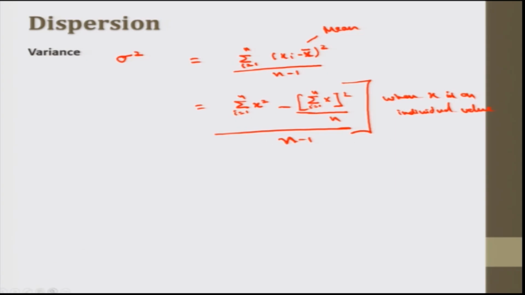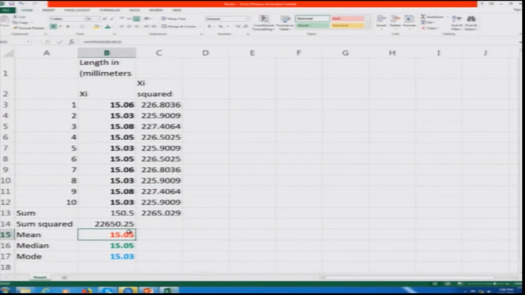Using this formula, summation of x squared is 2265, and summation of x whole squared divided by n, where n is 10, is this value.